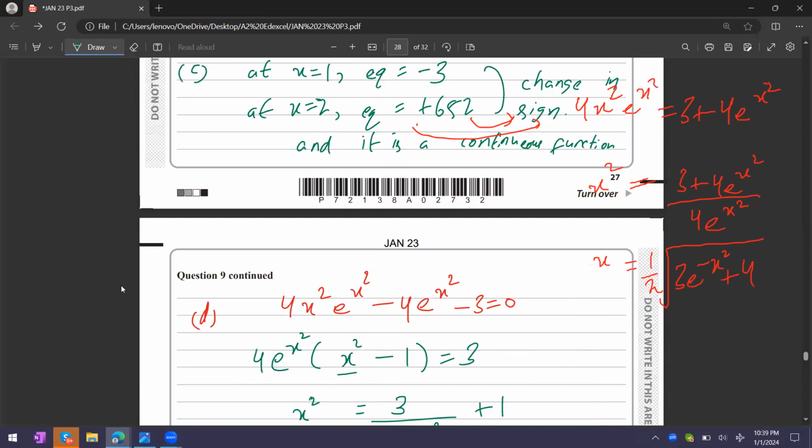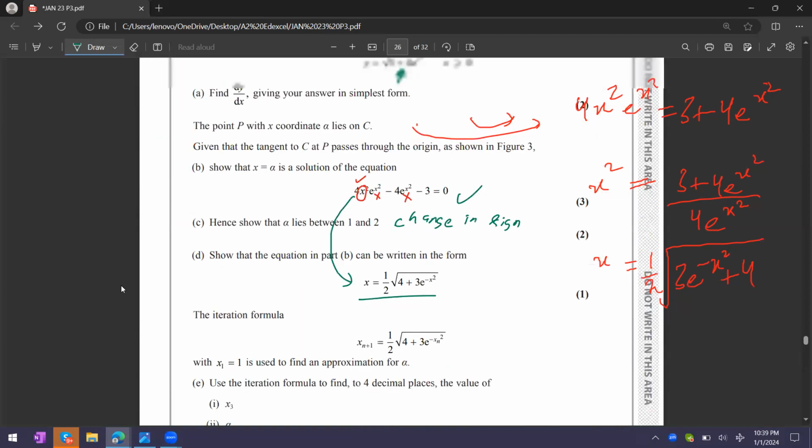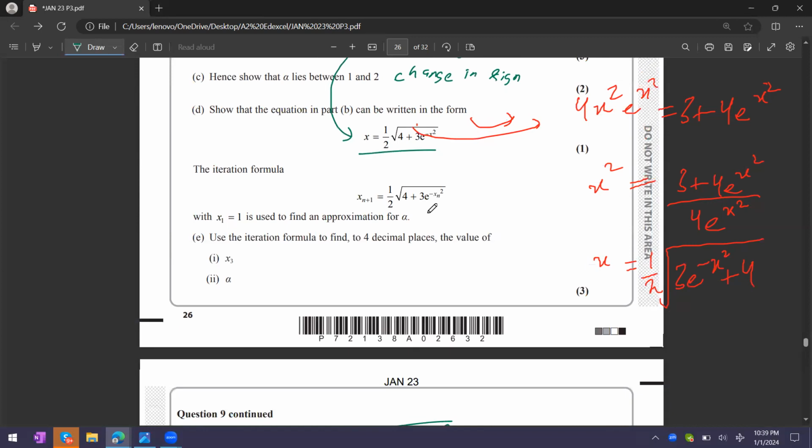All right, let's move to part E. No questions. Now we just need to use this iteration formula to solve the question. So x1 will be 1, reach until x3 up to 4 decimal places, and then we will continue a little more so that we see if it is repeating itself. That will be alpha.